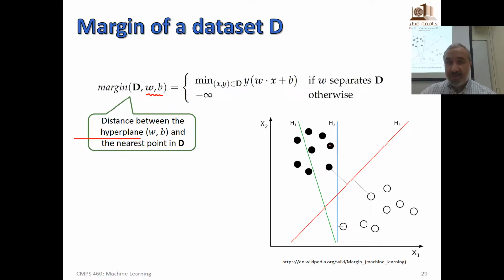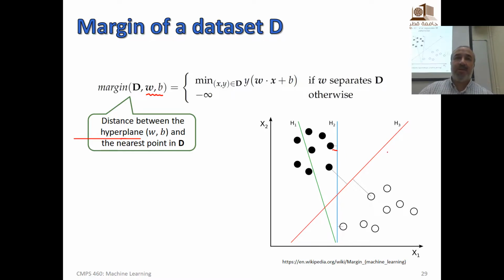Probably this is this point, right? So this distance is the margin of this data and H2. It is the distance between the model or the hyperplane and the closest point to it. Where is the margin of H3?